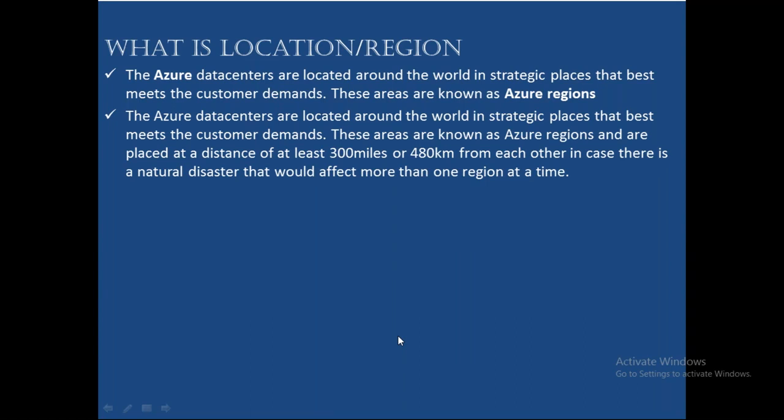If floods come, my data center will not be available, ultimately the server will not be available. So in those cases, the cloud providers will move all your servers and all your requests to another data center. To handle all these things, they already have a strategic plan, a proper plan.